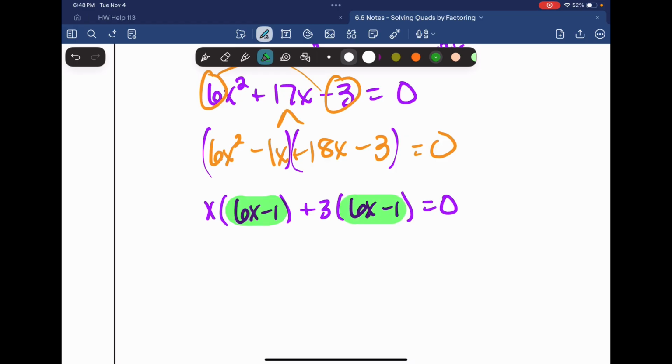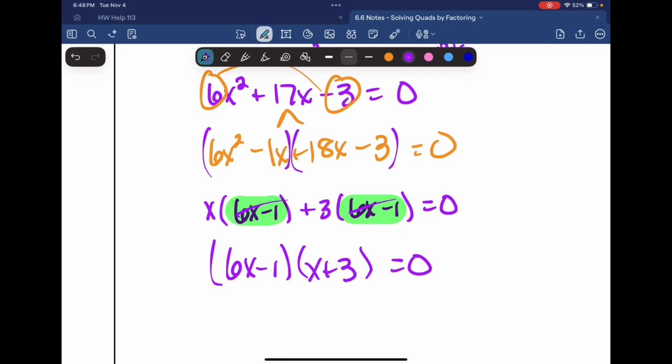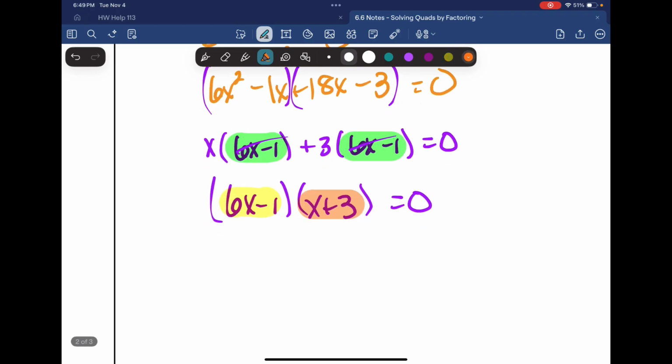Common binomial factor. And then x plus 3. Factor number 1, factor number 2. Both have variables. Both have solutions.